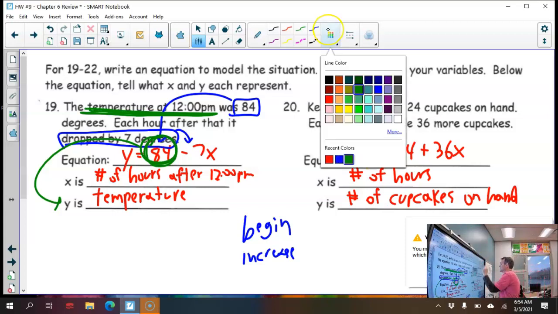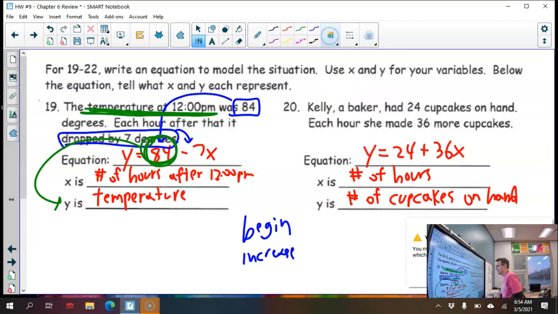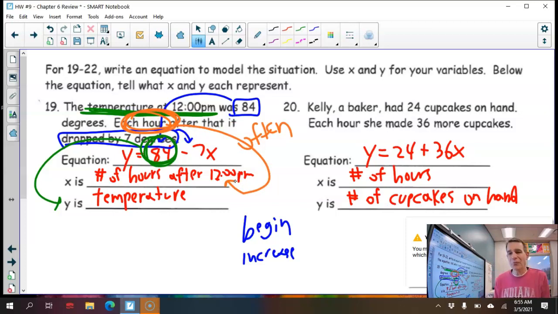Whereas the x is always how often the y increases. And in this case, it's each hour. So starting at 12 o'clock, the x would be the number of hours it's been. That's how often the temperature increases. The x is how often the y is increasing.